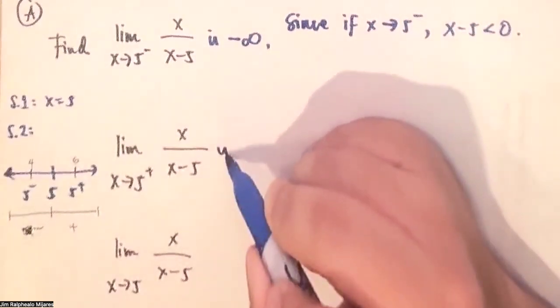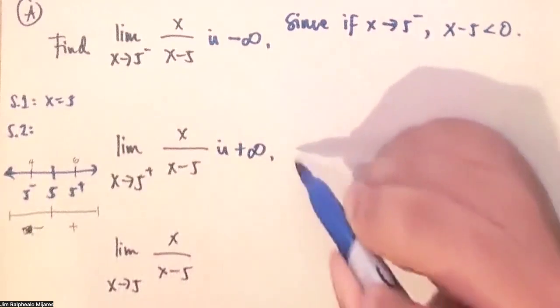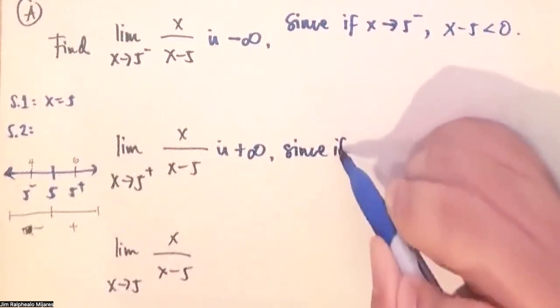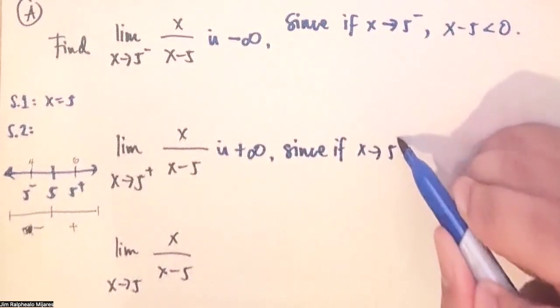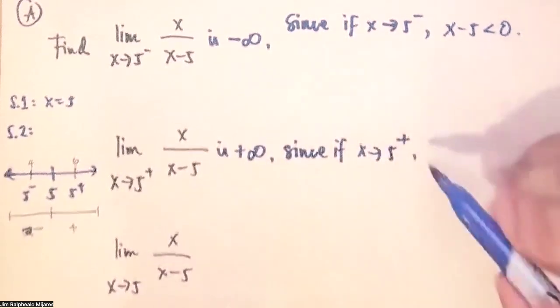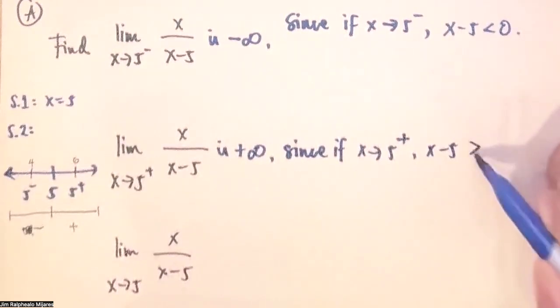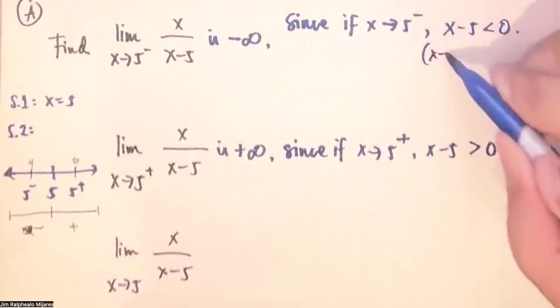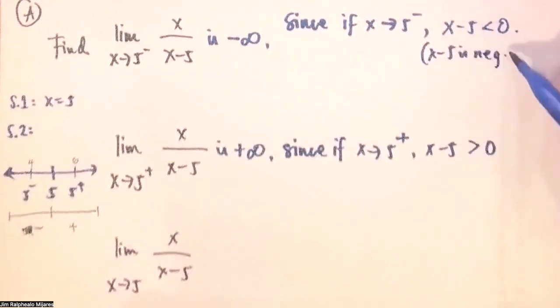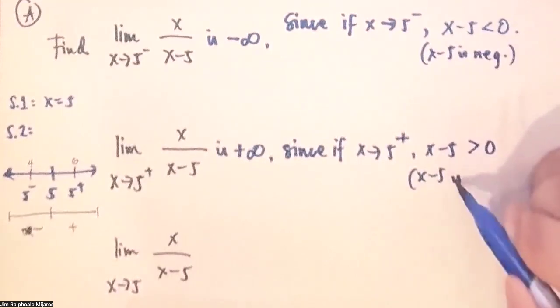So this is positive infinity, since if x approaches 5 from the right, x minus 5 is positive. So x minus 5 is negative on the left, and x minus 5 is positive on the right.